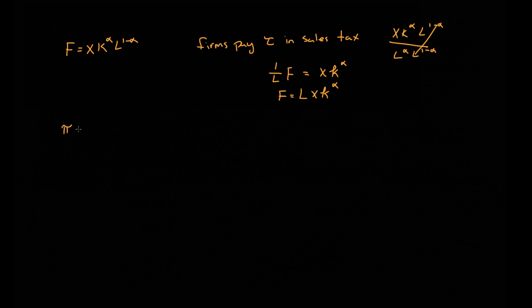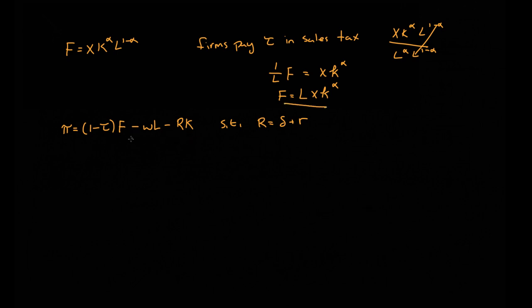So the basic profit function is going to be 1 minus tau. This is the amount that they keep for their profit of their output, times f, minus the wage they pay workers and the interest they pay on the capital they use. And we know that the rate of capital is going to be depreciation plus the rental cost. So let's substitute.